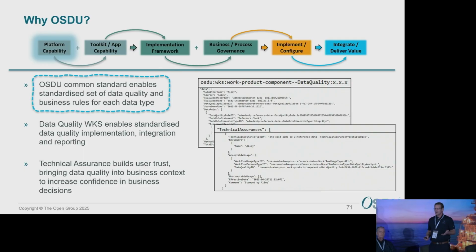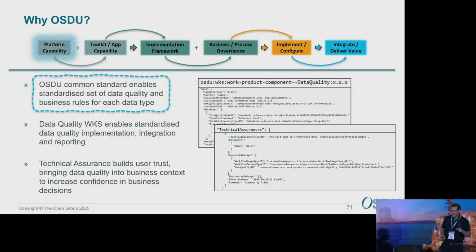Now, OSDU is a standard for where the industry is storing data and metadata in the cloud and on-prem, actually for all of our workflows and business decisions. Now, some of the metadata is actually pretty critical.